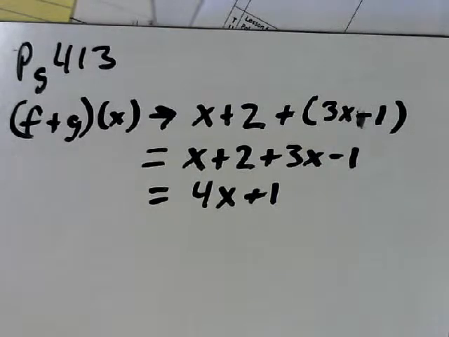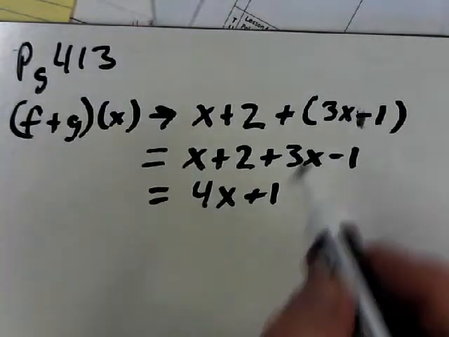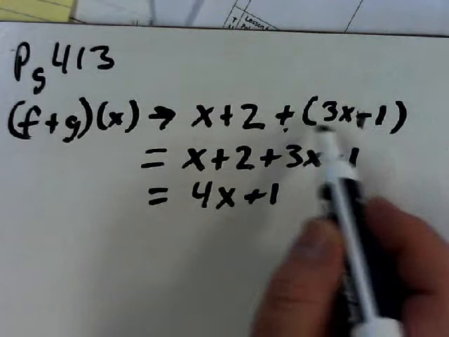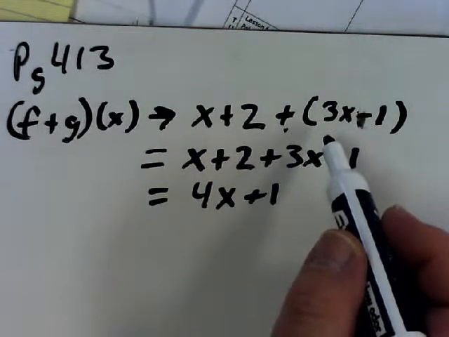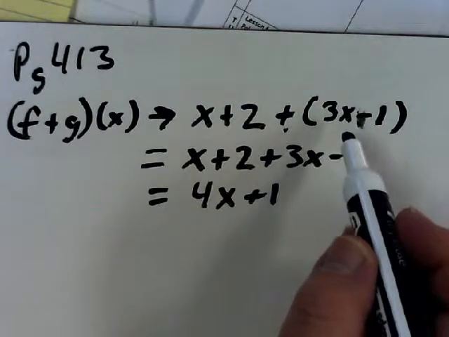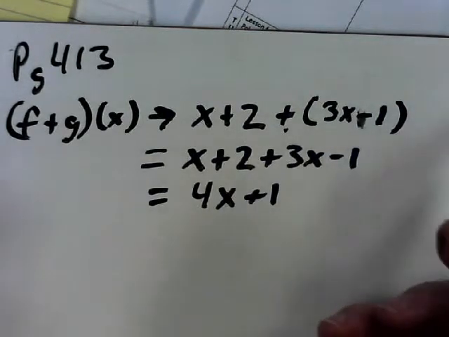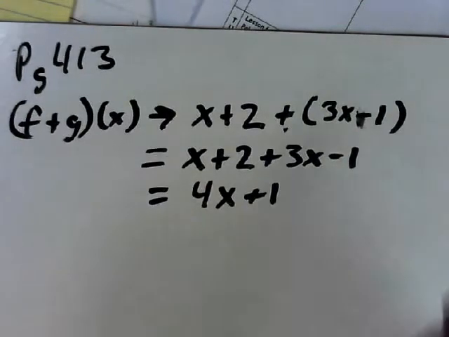Right? x plus 3x should give you 4x. So why do we put it in parentheses? Just because it's saying what I have to do, so that you know you're adding this whole thing, so that you don't confuse it when you get ready to do subtraction. There's really nothing to distribute, you're just distributing a positive 1. You're right.